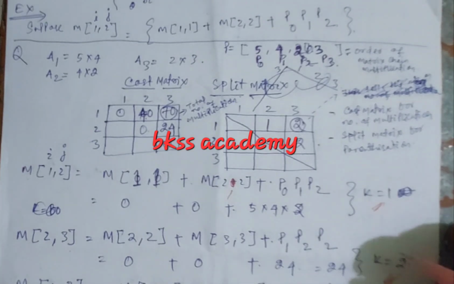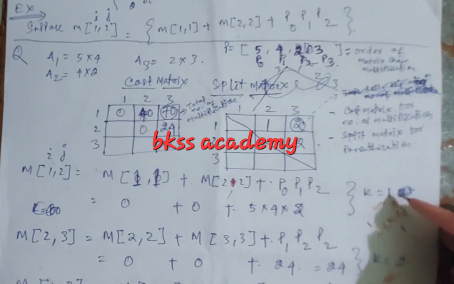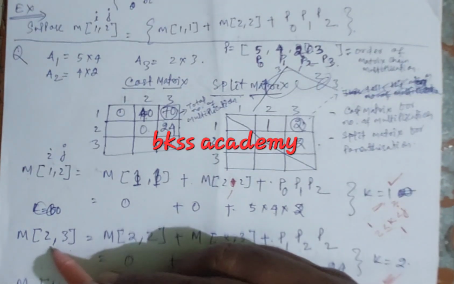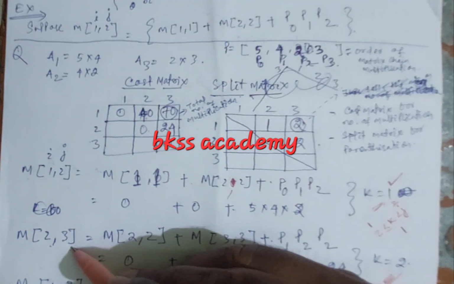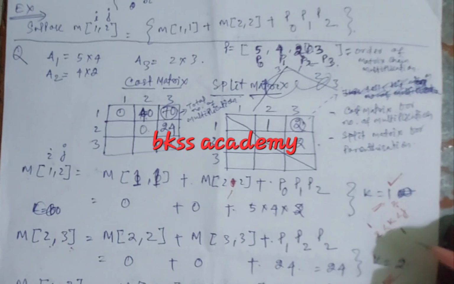As the formula says, i is less than or equal to k and k is less than j. If i is 1 and j is 2, k can be at most 1. Suppose i is 2 and j is 3, then k definitely will be 2.